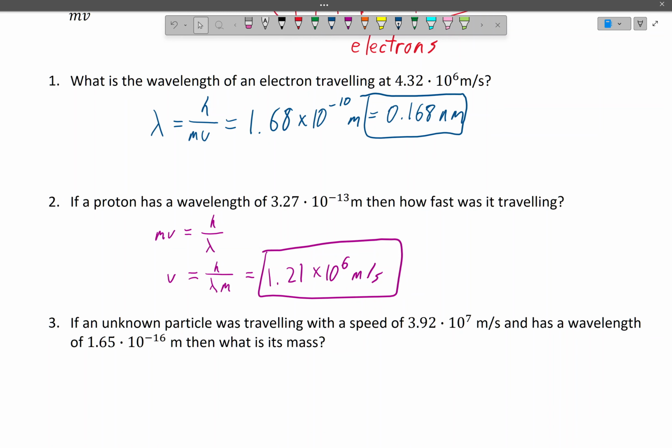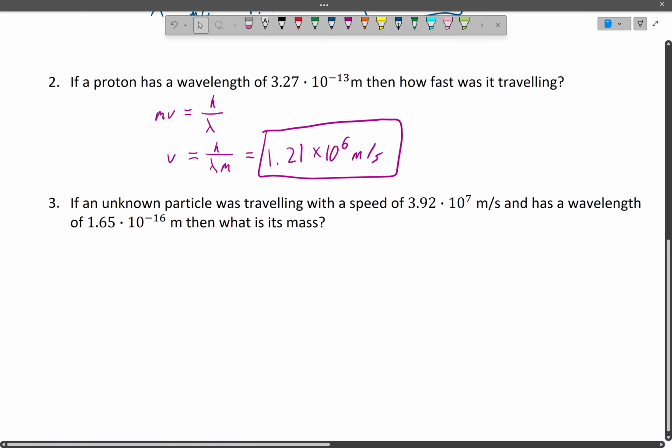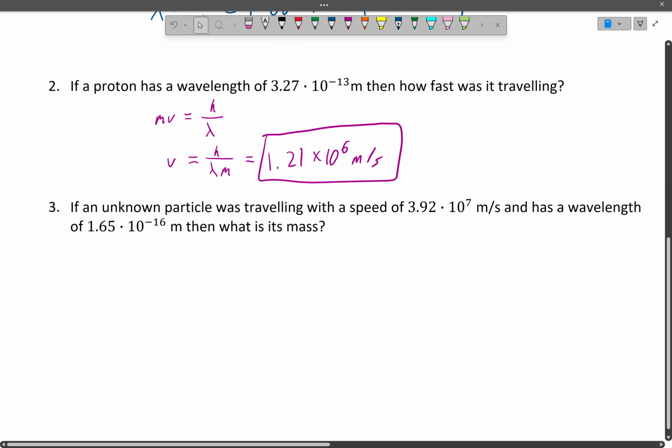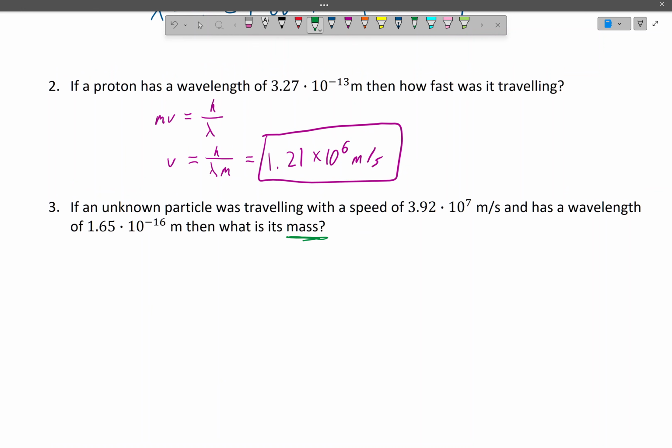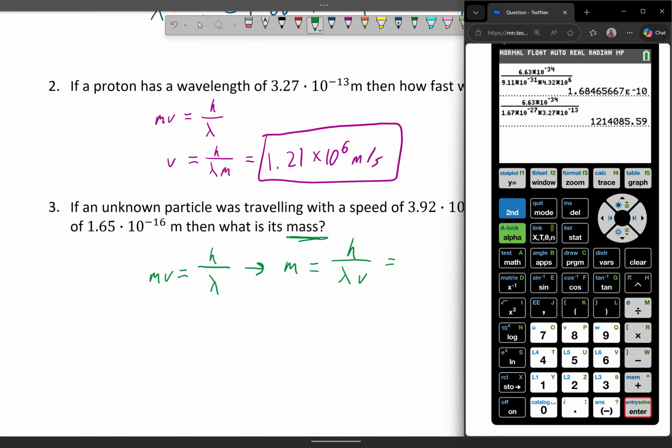All right. One last question to try. Same setup as before. It's looking for the mass this time. So we're going to set up mv equals h over lambda, and we're going to solve for the mass. So mass equals h over lambda v. Again, we just need to plug it into our calculator.